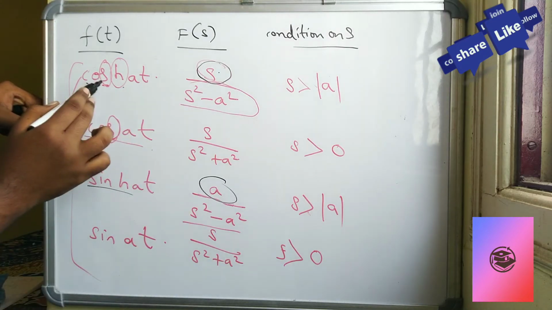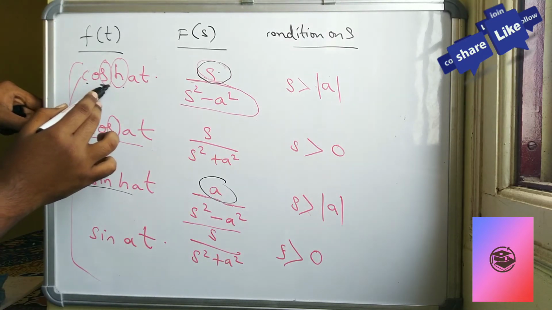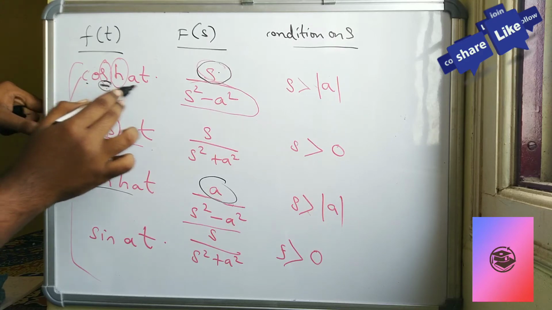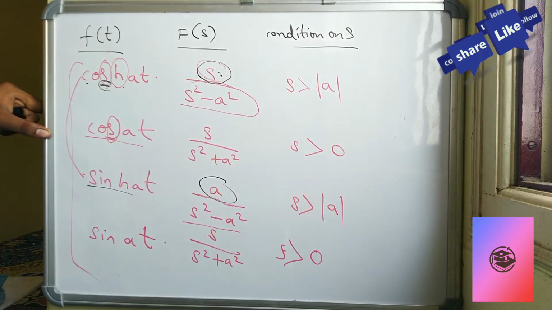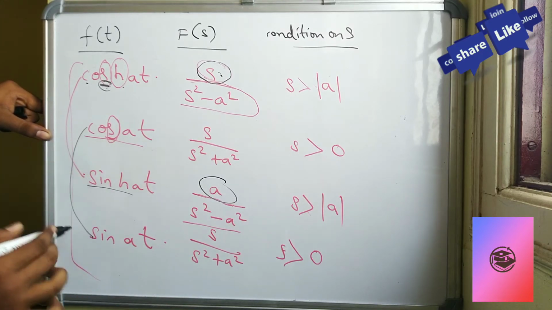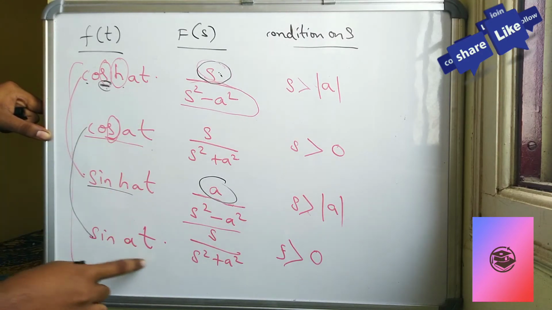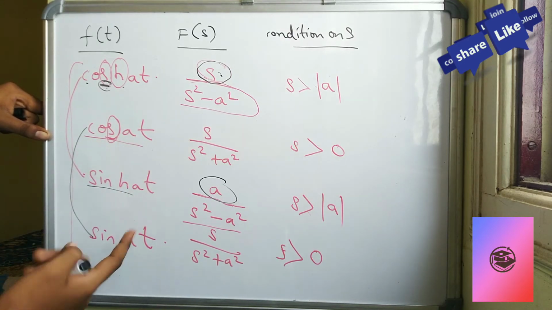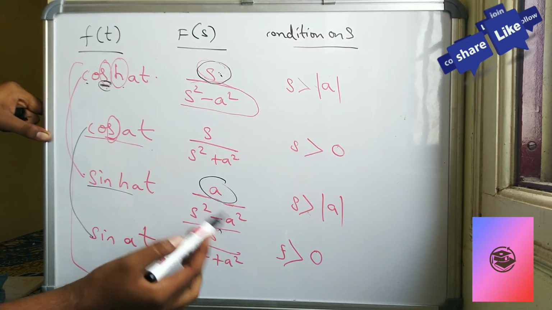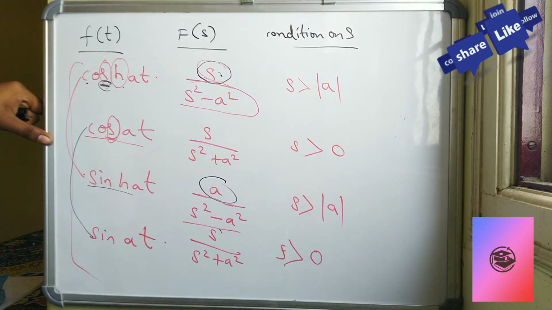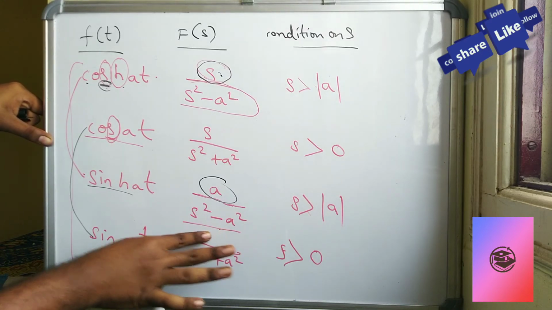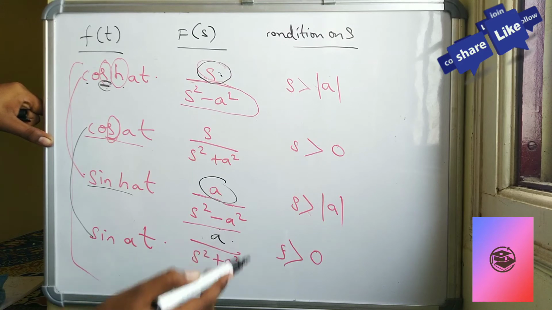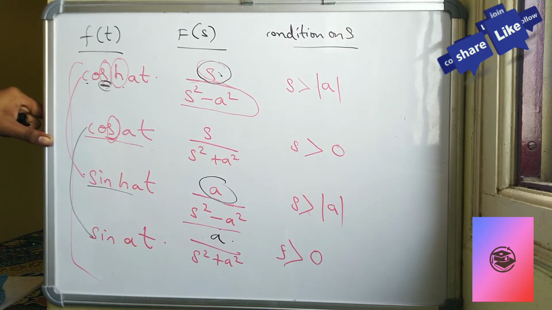To remember this, consider the name cos: s is there, so the numerator is s. For sine there is no s, so it will be a. Similarly for cos at and sine at, cos contains s so the numerator will be s, and sine does not contain s so the numerator will be a.